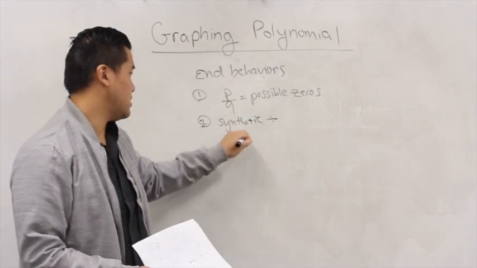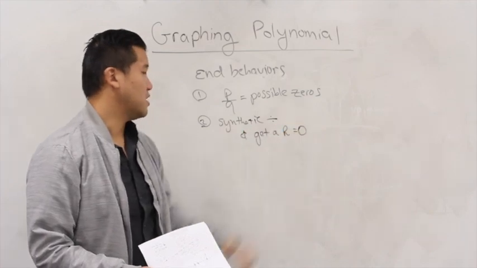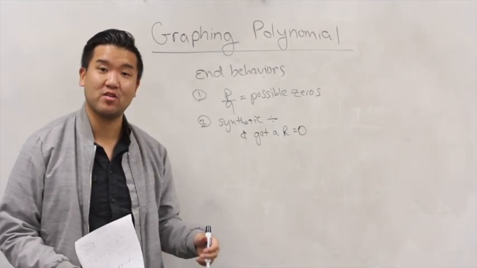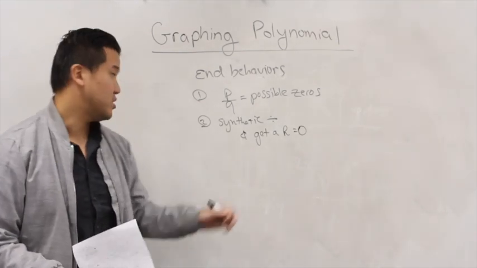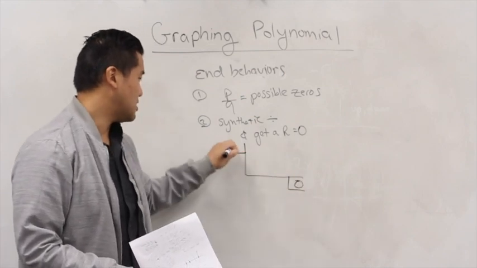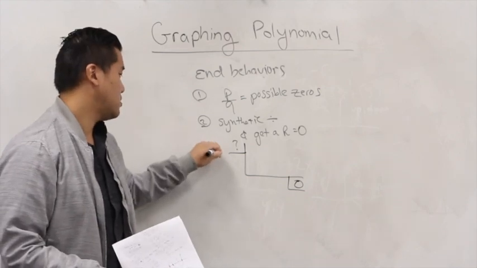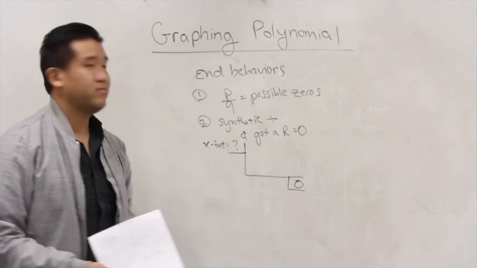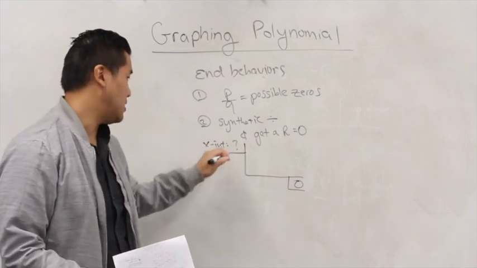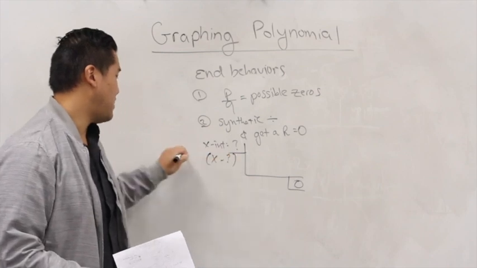If you get a remainder of 0, that means the value we tested is our x-intercept. So if I get 0 here, then this value is going to be your x-intercept. Once we have that, we also know that if the x-intercept is, say, a question mark, then x minus the question mark is a factor.